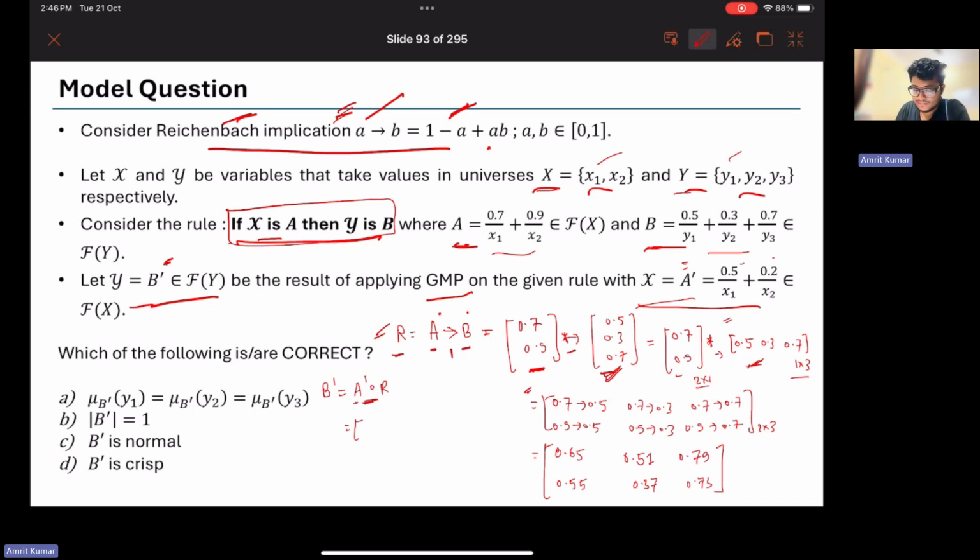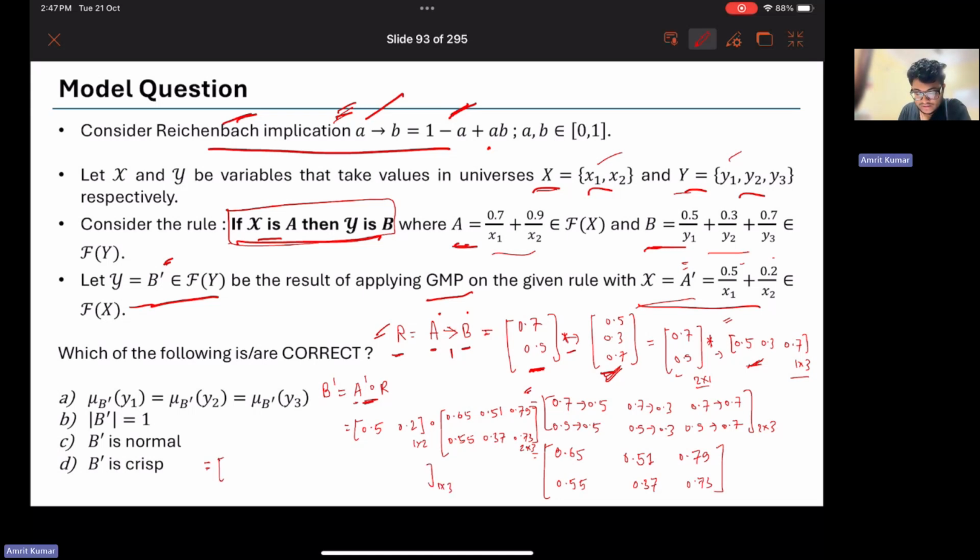So A dash is 0.5, 0.2, and you have to basically compose this with R. Now let us do that. The resulting matrix would be a 1 by 3 matrix. It's basically a fuzzy set over universe Y.